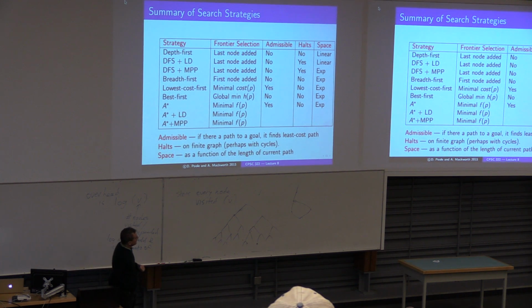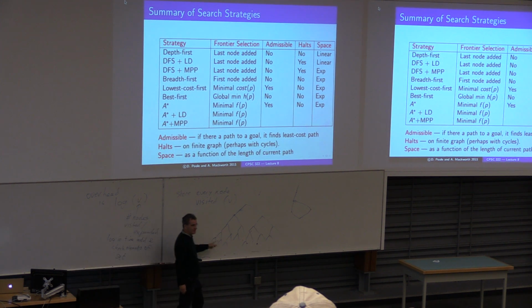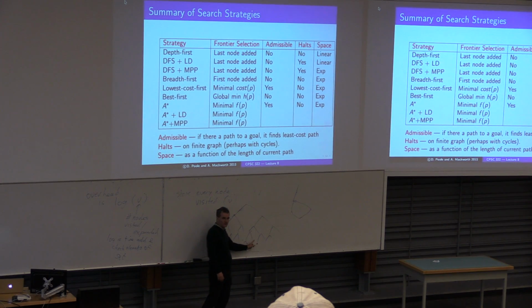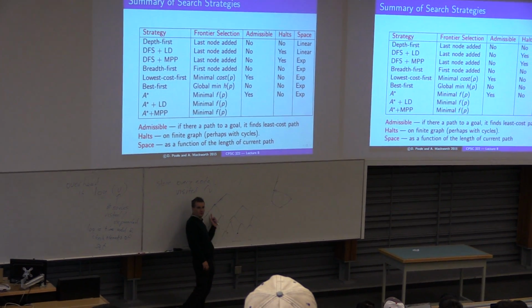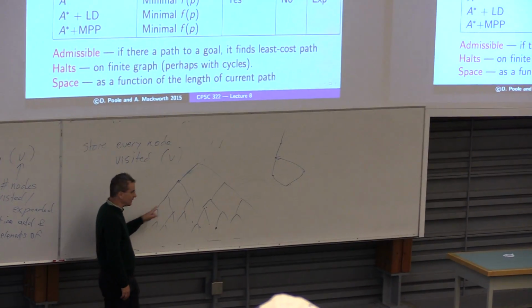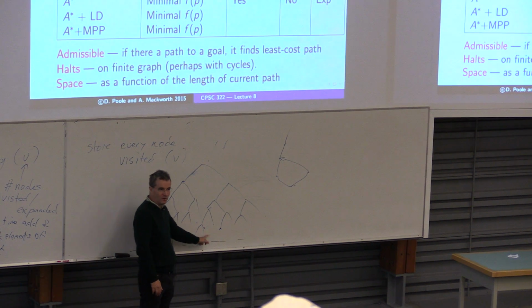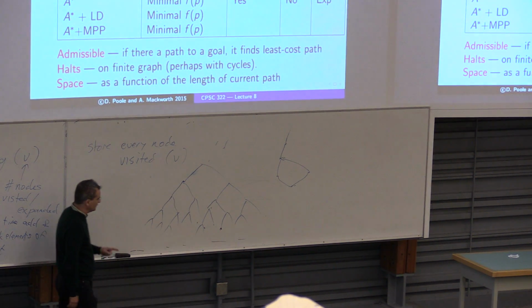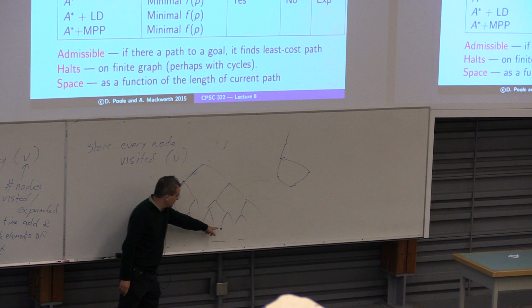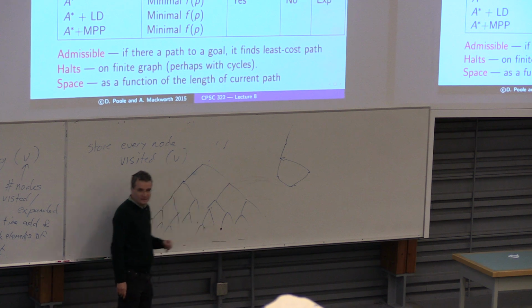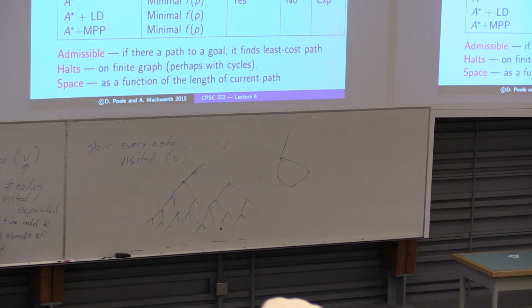So for multiple path pruning and depth first search, we have to store everything: this whole tree, everything expanded, everything breadth first search would do and possibly more. And it's exponential, yes.